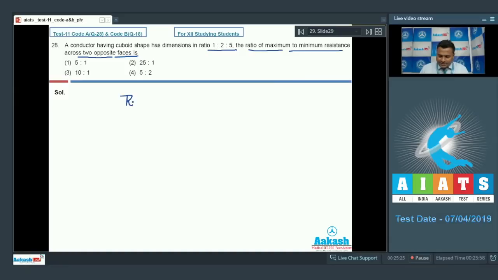Now let us think about maximum resistance. R maximum will be when? R is proportional to L by A. If length is maximum and area is minimum, then resistance will be maximum. Similarly, in order to have minimum resistance, we have minimum length and maximum area. Now let us take the ratios.